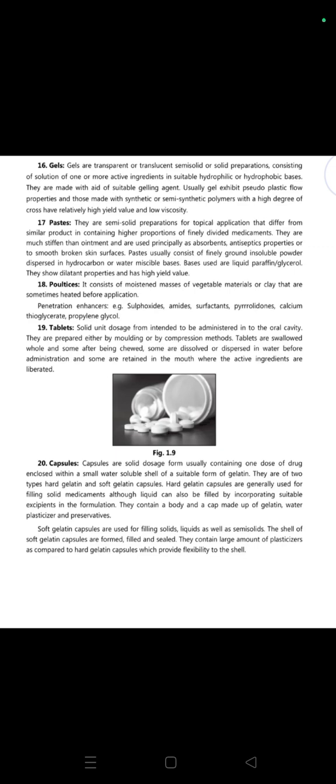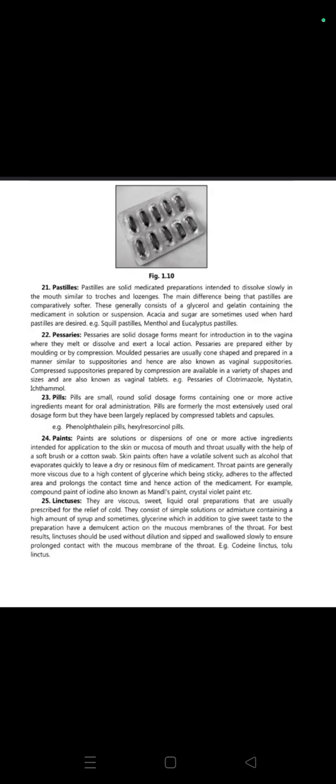Then tablets, solid unit dosage forms intended to be administered into the oral cavity. Then capsules. Capsules are solid dosage forms usually containing one dose of drug enclosed within a small water soluble shell of a suitable form of gelatin. Then pastilles.